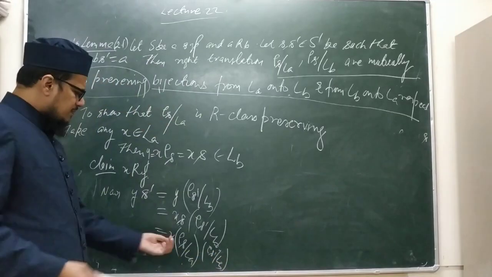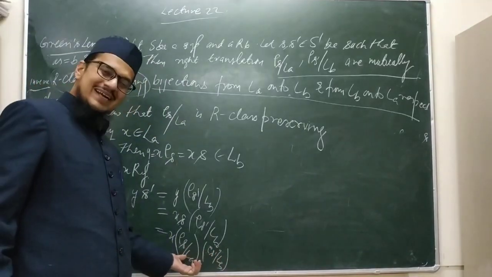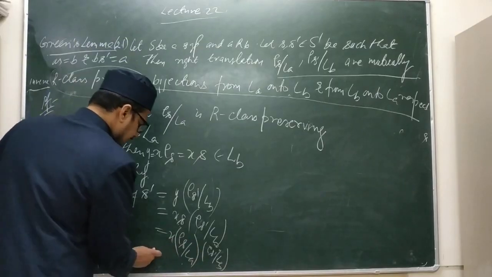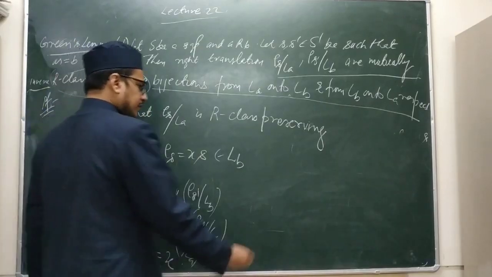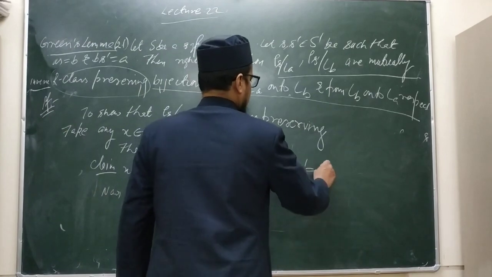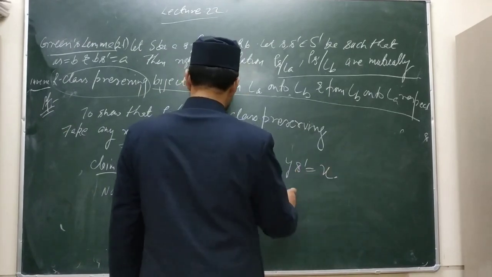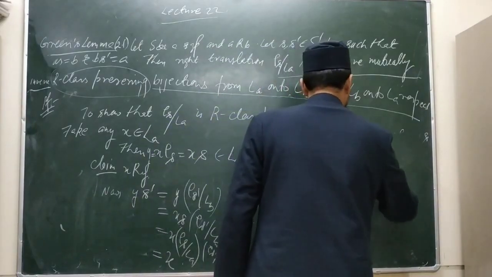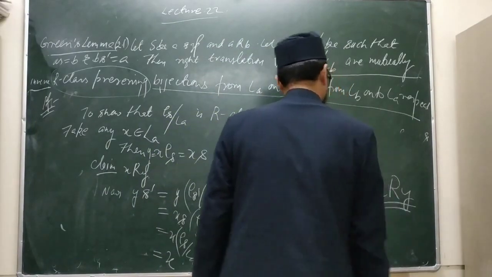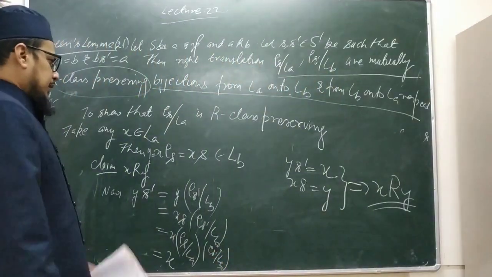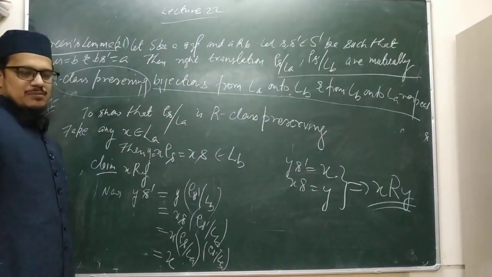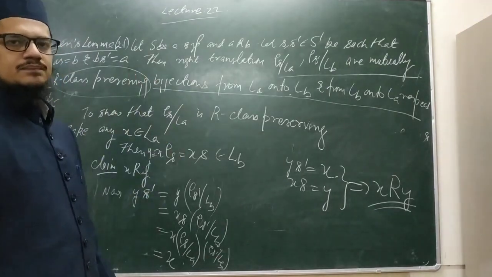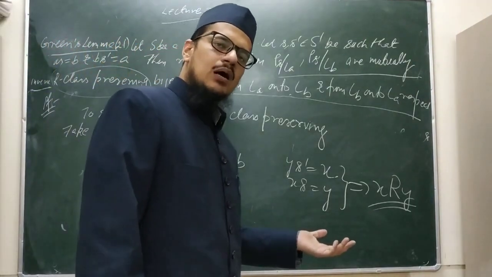And see, rho s by LA into rho s dash by LB is what? Identity map. So it maps x to x itself. So we have proved that y s dash is equal to x. So y s dash is equal to x and x is equal to y. Both implies what? X R y. So we have proved that rho s by LA is R class preserving. Similarly, rho s dash by LB is also R class preserving. So in this way, Green's lemma is proved.